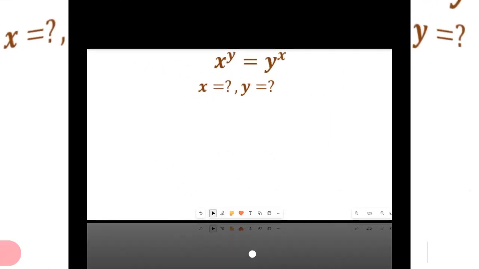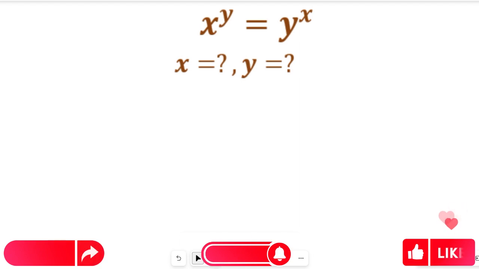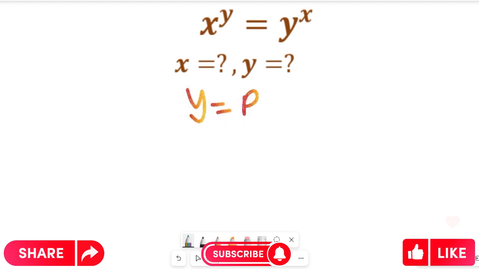Now, to find the value of x and y in this expression, the first thing I'll do is to assume that my y is equal to p multiplied by x. Remember that p is going to be a constant.